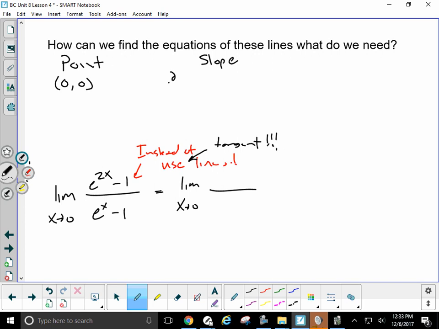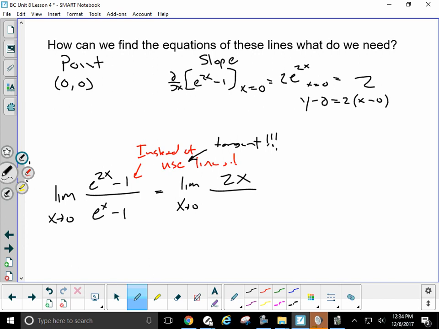So I'll take the derivative of e to the 2x minus 1, and I'll plug in 0. And I get 2 e to the 2x. At x equals 0, I get 2. That gives me the equation for the tangent line to e to the 2x minus 1. It'd be y minus 0 equals 2 times x minus 0, or y equals 2x.